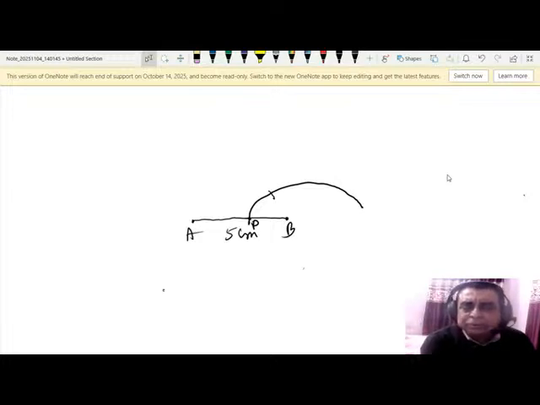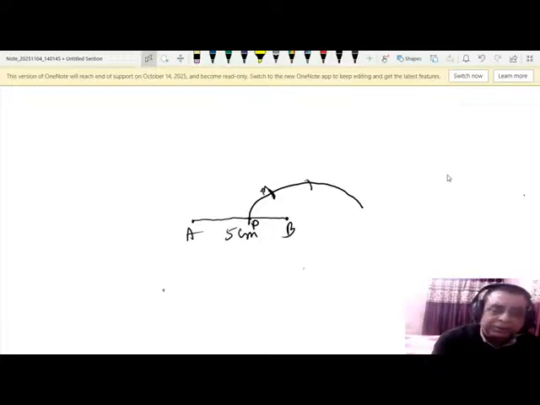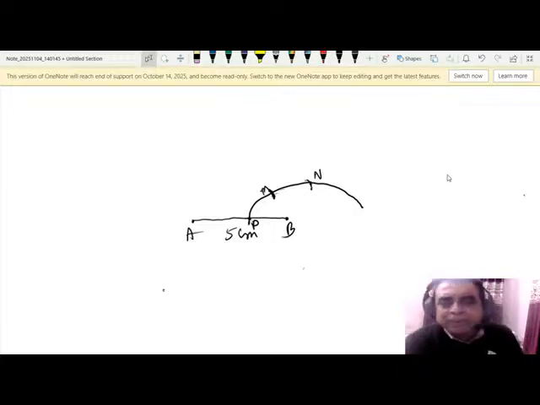Suppose the point where the arc is cut is M. Again, put the compass needle at the point M and make an arc with the same radius. Don't change the radius. Call this point N. Now we will bisect this gap MN.